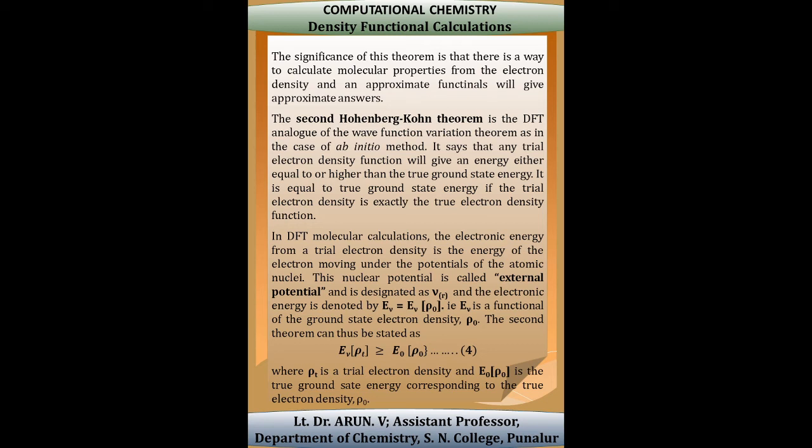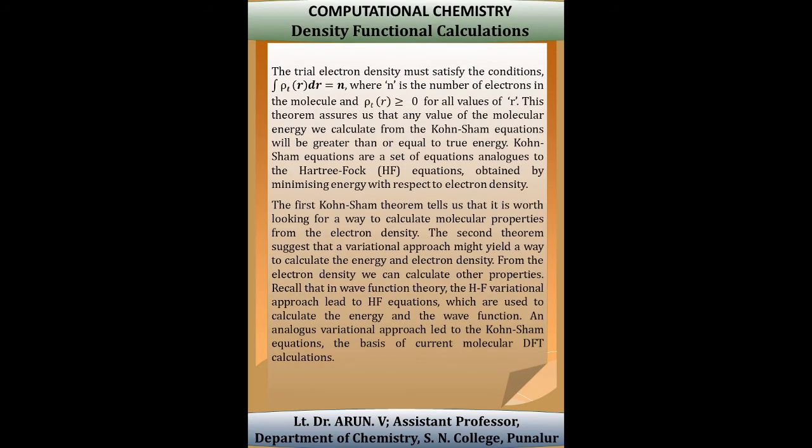That is, the energy E nu of the trial electron density is always greater than or equal to that of the ground state electron density rho 0. The trial electron density must satisfy the conditions that the integral of rho t(r) dr is equal to n, where n is the number of electrons in the molecule, and rho t(r) is greater than or equal to 0 for all values of r.